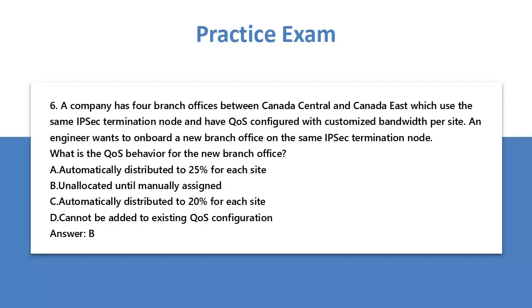A. Automatically distributed to 25% for each site. B. Unallocated until manually assigned. C. Automatically distributed to 20% for each site. D. Cannot be added to existing CO's configuration. Answer: B.